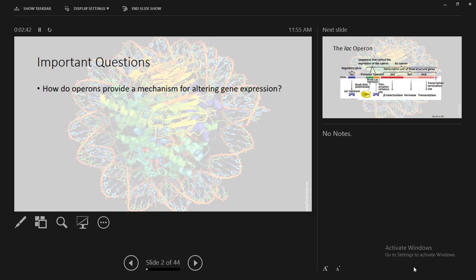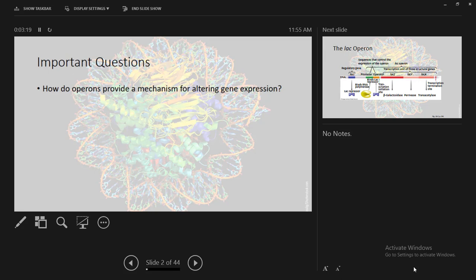When we learned about gene expression, we learned transcription happens in the nucleus, where RNA polymerase writes an RNA copy of the DNA, then it is modified, escorted, if you will, out of the nucleus where it gets translated. There's no nucleus in prokaryotic cells, so the transcription and the translation happen in the same place at the same time. And so it limits your ability to regulate that process, but operons help us do that.